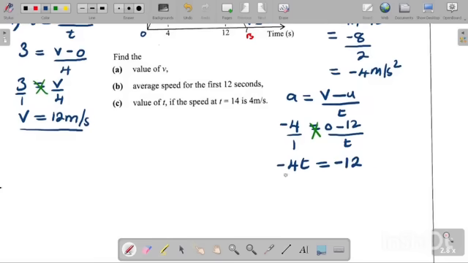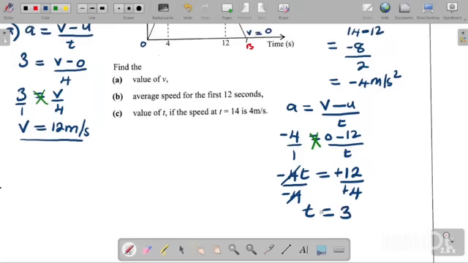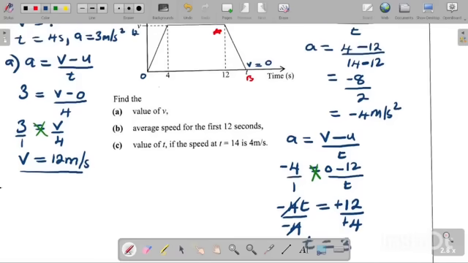To solve for t, divide by negative 4 on both sides. The negatives cancel, and 12 divided by 4 is 3. So we found that the time is 3.